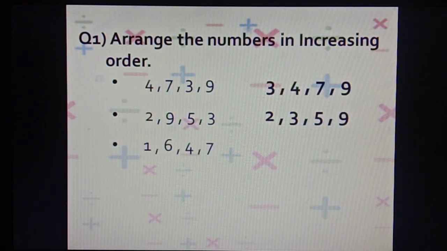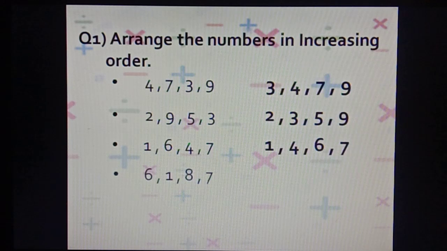In the next question, there are 4 numbers 1, 6, 4 and 7. So the increasing order will be 1, 4, 7 and 6. No, it is 1, 4, 6 and 7. Okay.